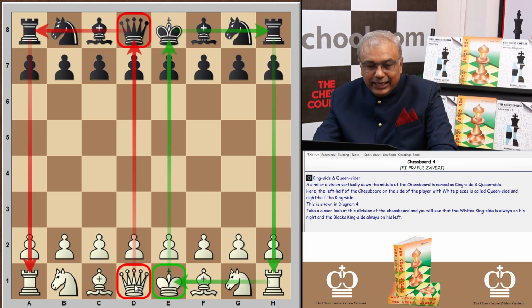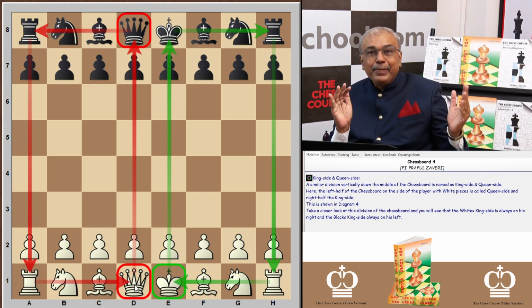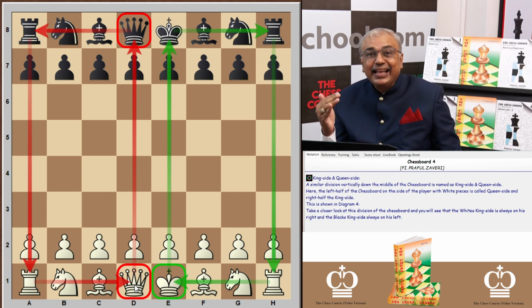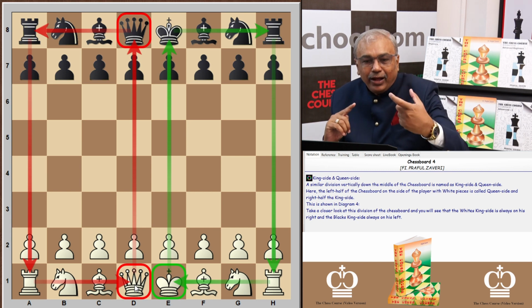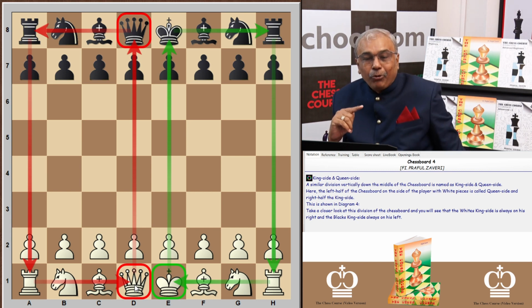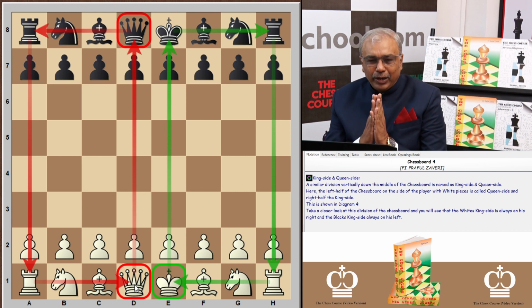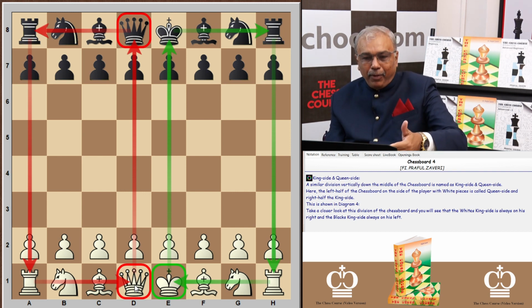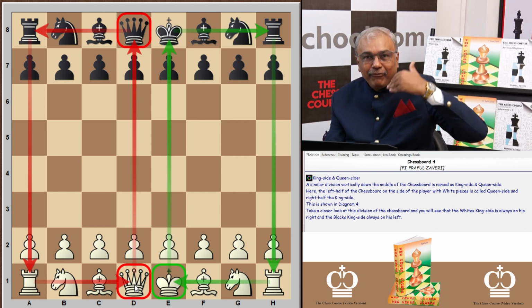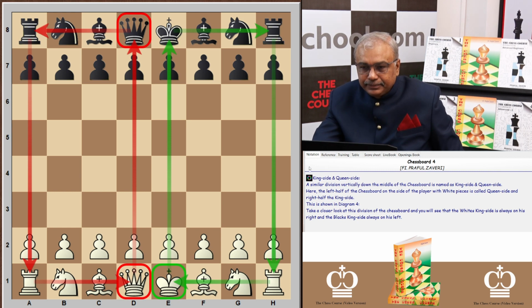And if you see it from the perspective of the white player, his queen side will be on his left and his king side on his right. But for the black player who is sitting on the other side, his queen side is on his right and king side on his left. So this is what you have to remember. Of course, this will be a very important part for you when you go on to learn advanced-level chess training.